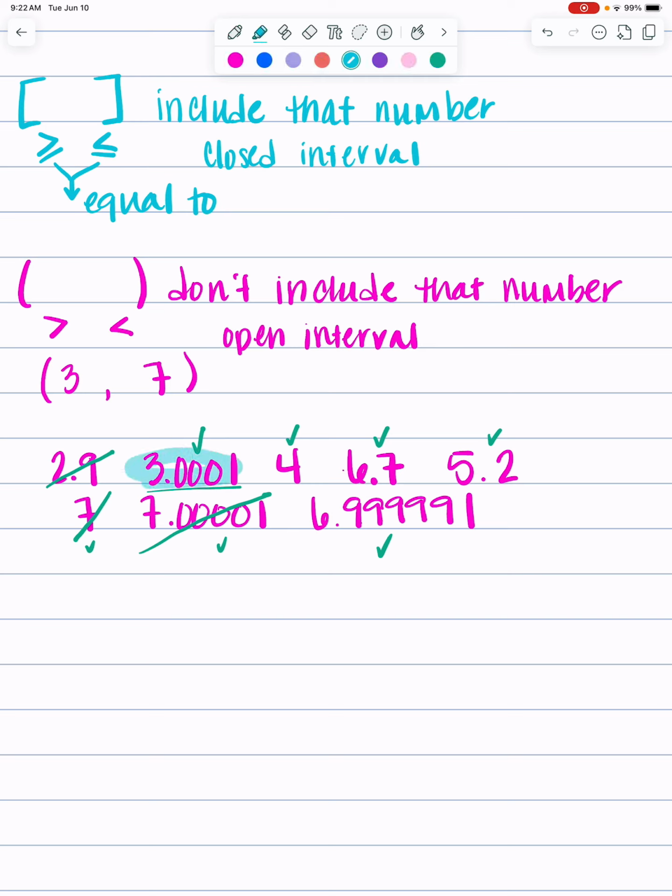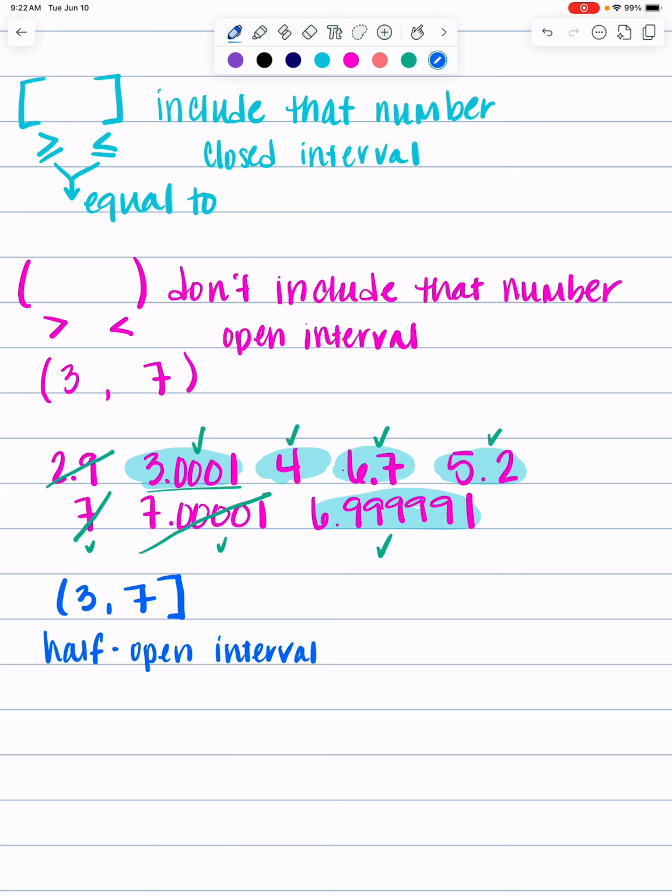So we include these guys in our interval. Now, as soon as I change that, but not like that. Don't do it that way. If I do 3 to 7 and I close the bracket, we call this a half open interval, which is really more than you need to know for this.